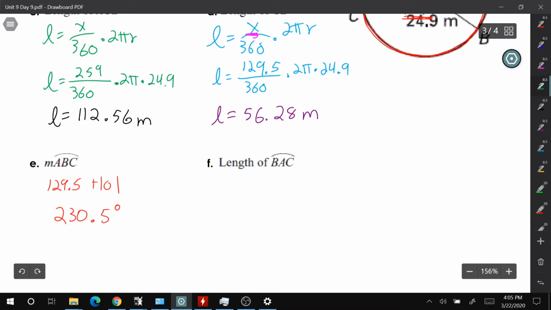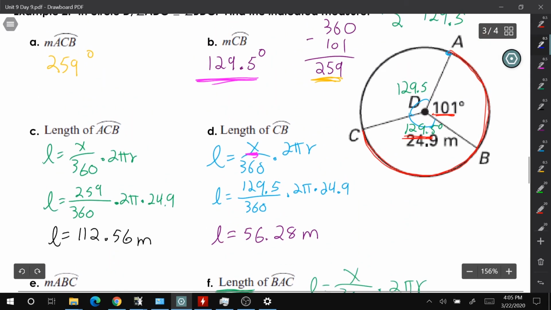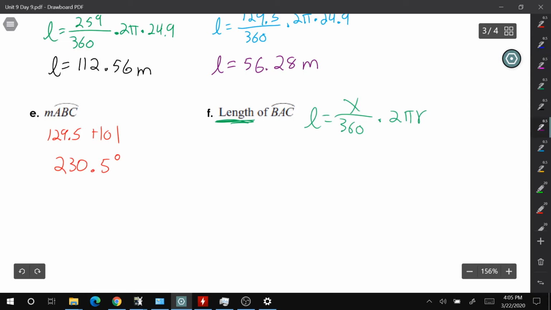And then letter F, the length of arc BAC. So again, if we see the word length, that's how we know we're going to use the arc length formula. So BAC is this right here. So that arc measure is going to be 101 plus 129.5. So my angle, or my x value, is going to be 230.5.